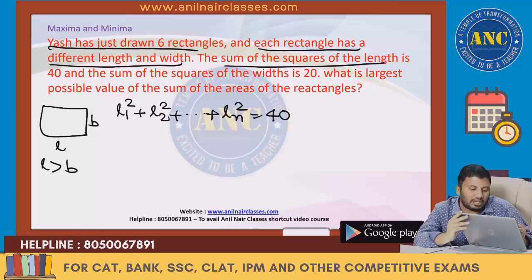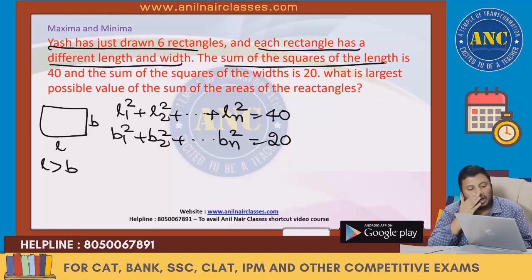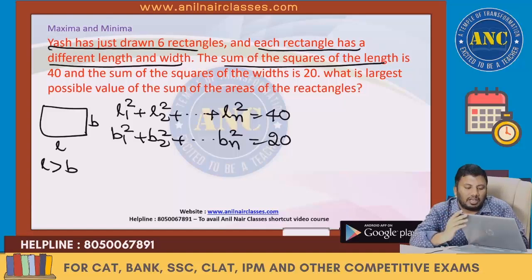Sum of the squares of the widths, b1 square, b2 square and so on up to bn square, is nothing but 20. What is the largest possible value of the sum of the areas of the rectangles? Area of the rectangle is L into B.